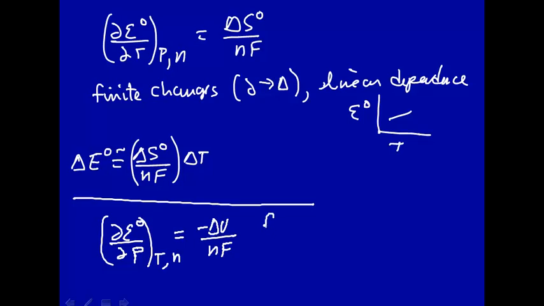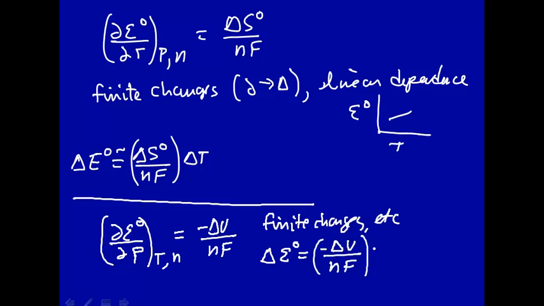And we do finite changes, so that the change in the standard cell potential is minus delta V over NF times delta P. Note the change in volume as a function of pressure: for condensed phases, the change in volume is not very much with pressure. If you compress a liquid or a solid, you don't get much delta V, so you wouldn't expect much pressure dependence of the standard cell potential.